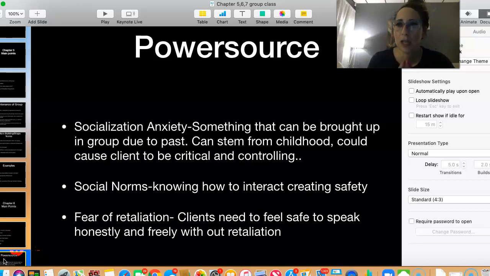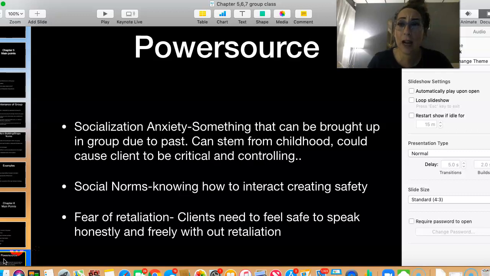That's the same thing we can do. Someone can remind somebody of somebody else. Someone can talk about something that's familiar and it dredges up stuff. That's not staying in the here and now. That's bringing up the past. So trying to work through those things and address those things in a good way is going to be something that the group leader is going to do.